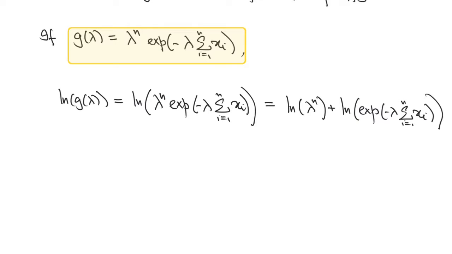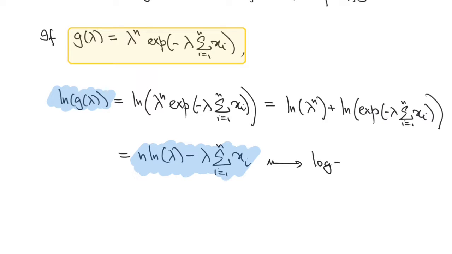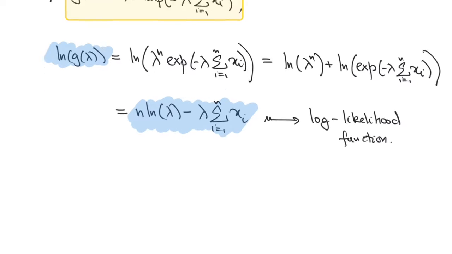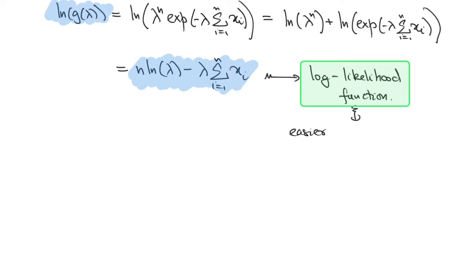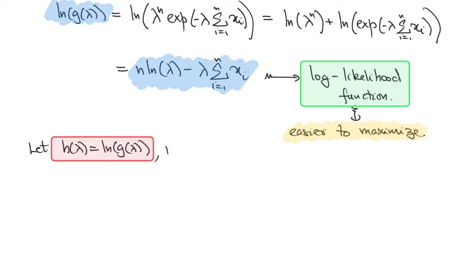This is sometimes also called the log likelihood function. And as you can see, it's much easier to maximize than the original likelihood function g of lambda. Now, if we set h of lambda to be ln of g of lambda, we can take the derivative with respect to lambda. We are using the second derivative rule to maximize h of lambda.